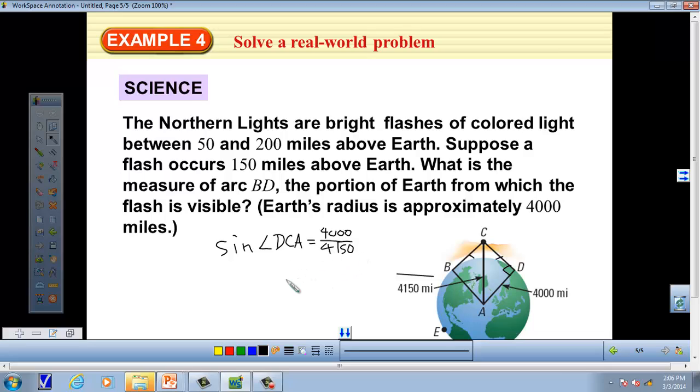If we do that, then what we want to do is the inverse sine of 4,000 over 4150 is equal to the measure of angle DCA, which is this angle right here.